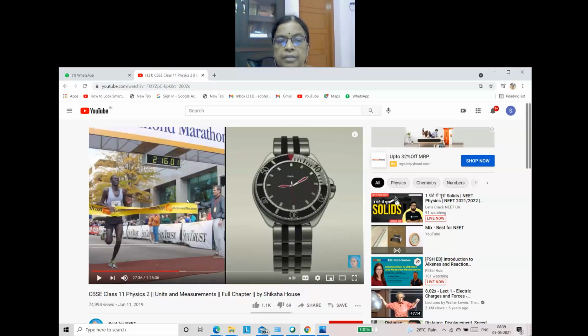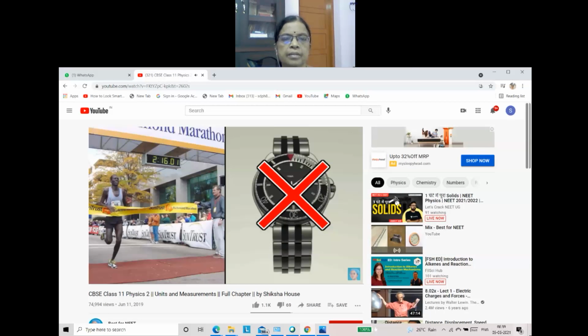Stopwatch, I will show you. Yes, for example, in these competitions we use stopwatches, so we can understand even a difference of seconds. So stopwatches, clocks, etc. are used to measure time. Ordinary watches do not help in deciding the winner, as the events of two persons crossing the finish mark can vary in a fraction of seconds.